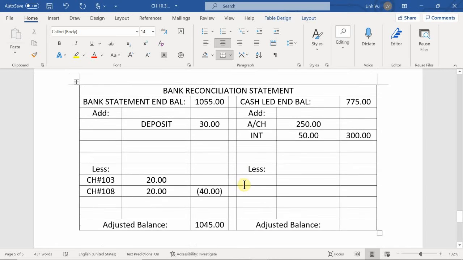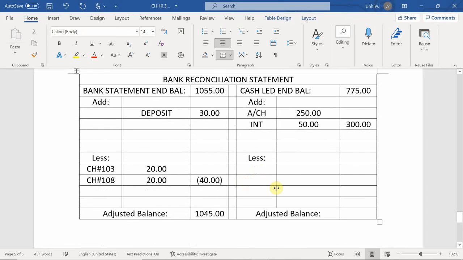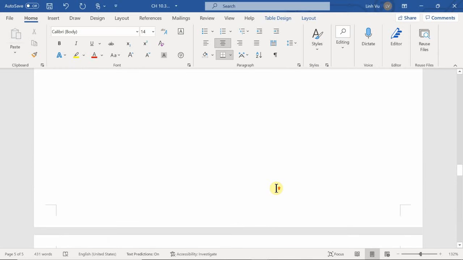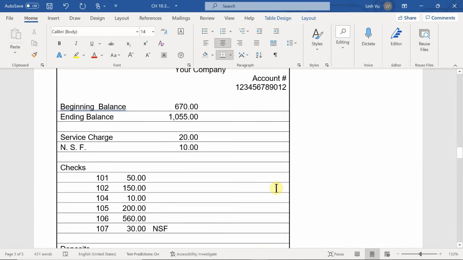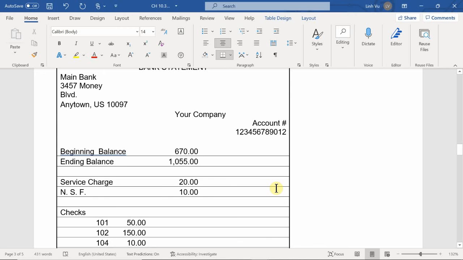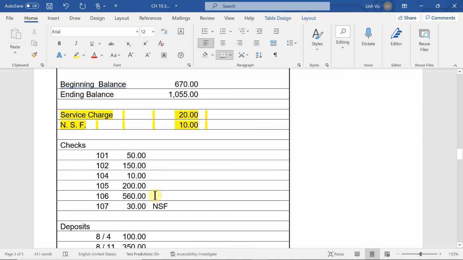So then, what do I need to subtract out from my checking account? Your fees. Good. So let's take a look at what the bank charged me. Like I said, it's usually at the top of the bank statement. So here you go. You got charged for a service charge and you wrote an NSF check.